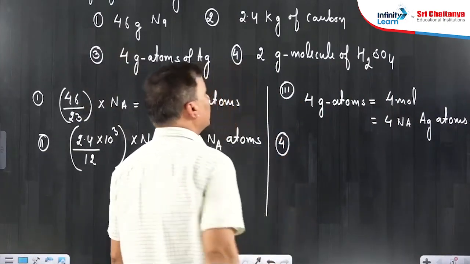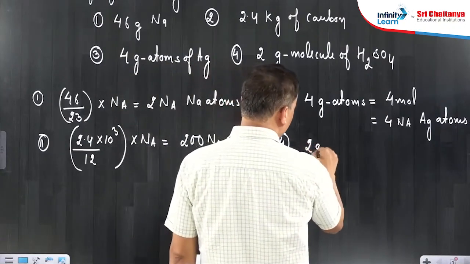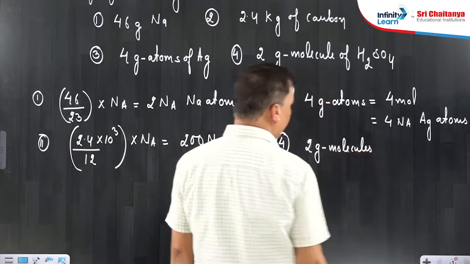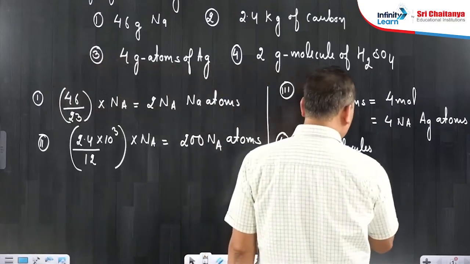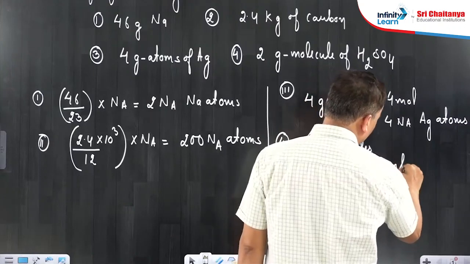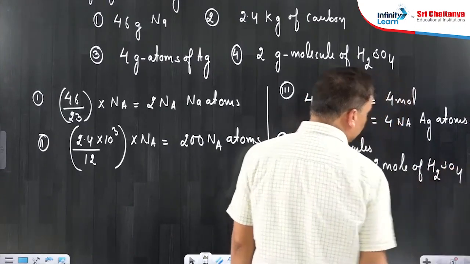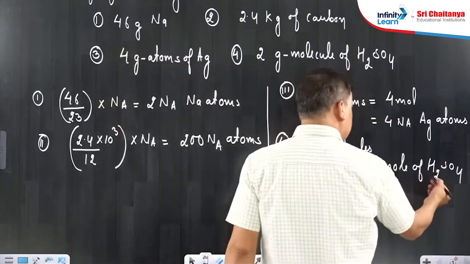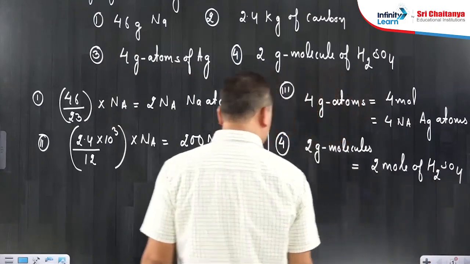Now dear, we are given number 4. Number 4 is 2 gram molecules. And these 2 gram molecules are equal to 2 mole of H2SO4. 1 mole of sulfuric acid contains how many atoms? 7 atoms.